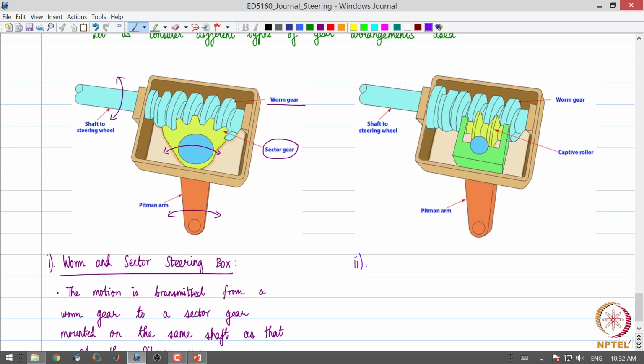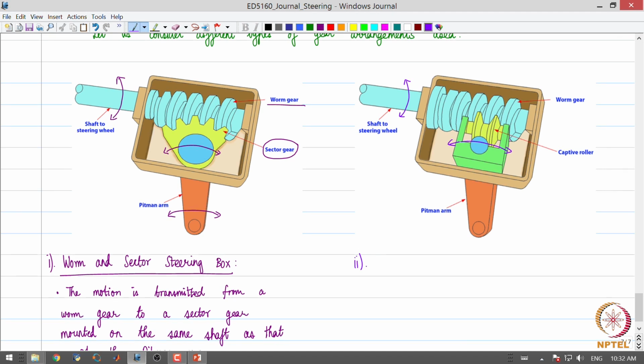motion from the steering wheel is transmitted to the worm gear, okay, and this worm gear is meshed to a captive roller. So when this worm gear rotates, this captive roller is essentially going to travel on the profile of the worm and then that is going to twist this cross shaft.